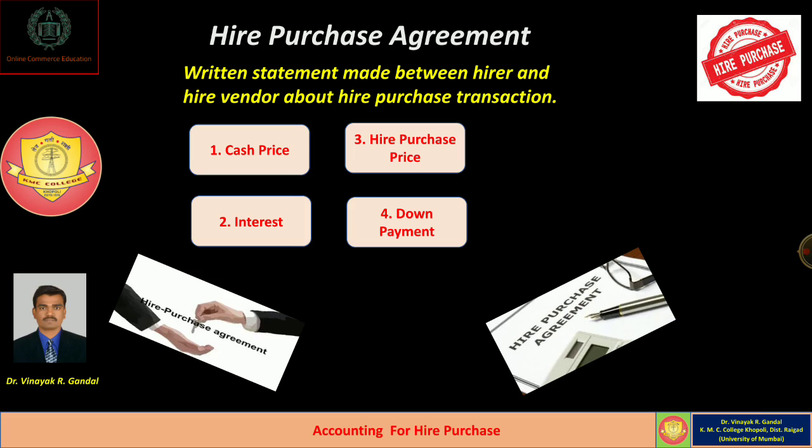As soon as down payment is made, the hirer gets possession of the goods and can start using the goods immediately. As I told earlier, ownership of goods is transferred when the last installment has been paid, but if down payment has been made, the hirer can start using the asset immediately.